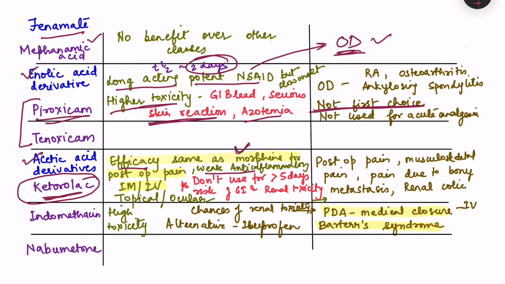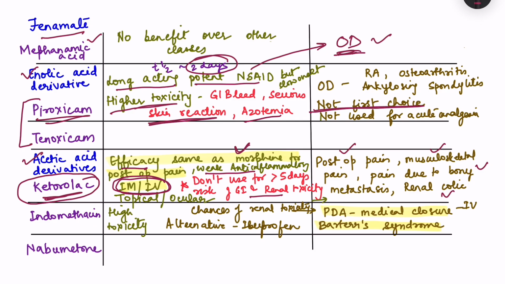So it is very effective for pain, and that is why it is preferred for post-operative pain, musculoskeletal pain, pain due to bony metastasis, renal colic, and can be given intramuscular and IV as well. For acute treatment of pain, ketorolac can be given, but don't use it for more than 5 days continuously because there is risk of GI and renal toxicity.